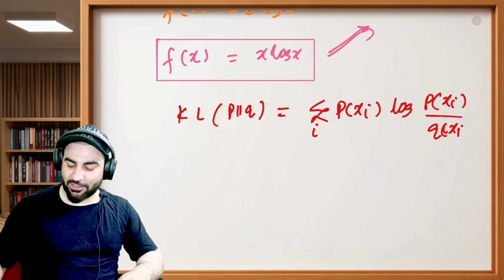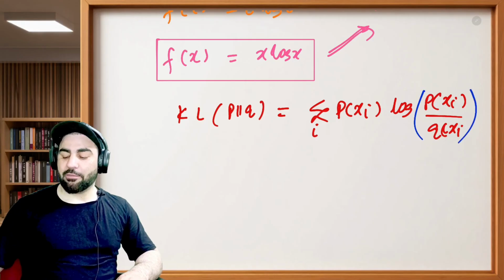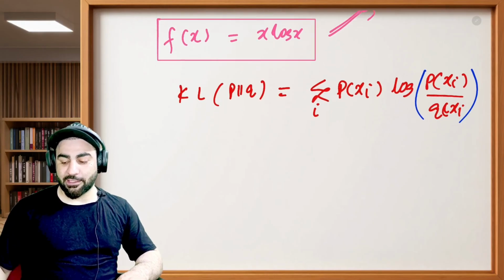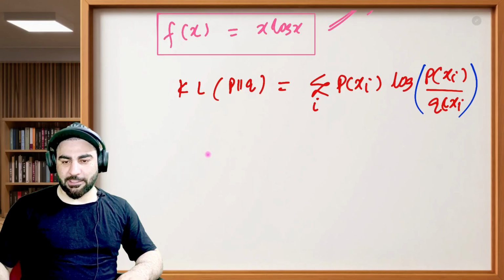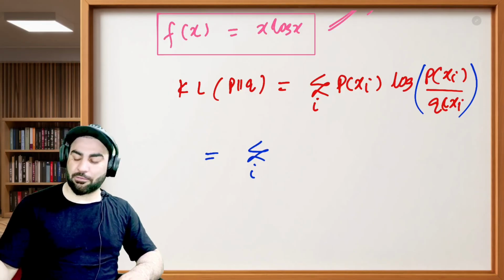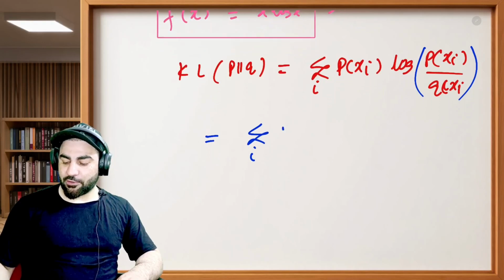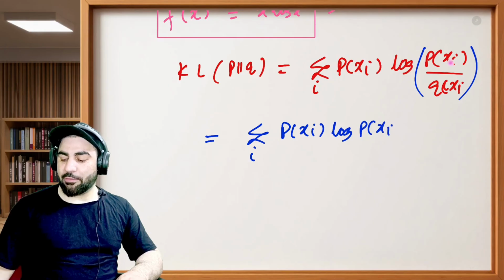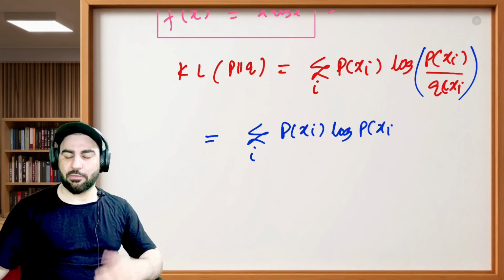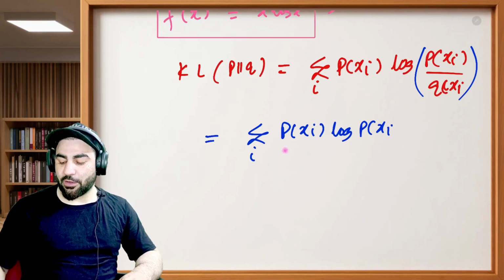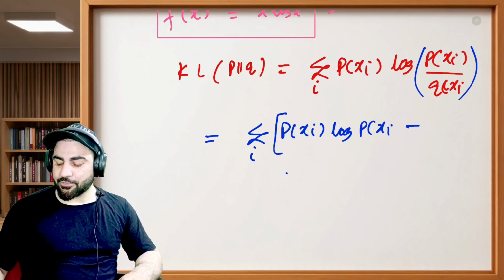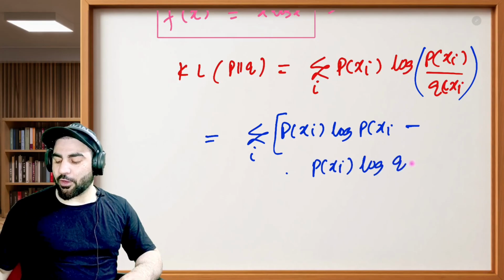This somehow looks like the entropy we discussed earlier, and now you can use the properties of log to expand this. Keep an eye out if I make an algebraic mistake. The division inside the log will now become a subtraction: log of p of xi minus log of q of xi, and p of xi multiplies both.